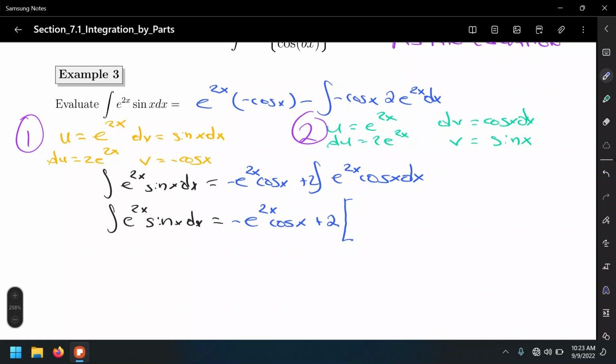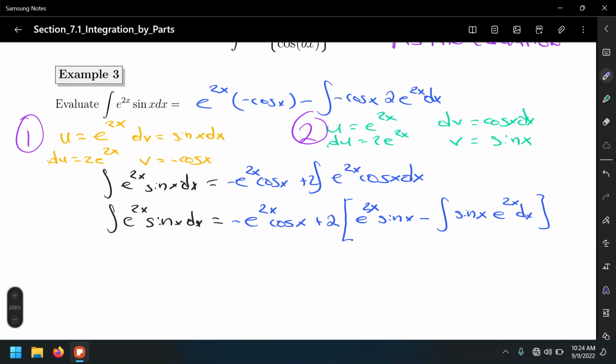Let's get the parts. u times v, that is e to the 2x times sine x, minus the integral of v, which is sine x, du, which is 2 e to the 2x dx.